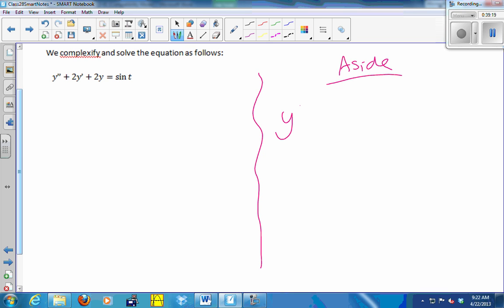So we're going to have y double prime plus 2y prime plus 2y equals e to the it. Now, those aren't exactly equivalent equations, right? Sine t does not equal e to the it. But e to the it has a sine t in it. If I expand e to the it, it's cosine t plus i sine t. So it's related to the original differential equation, but not the same.